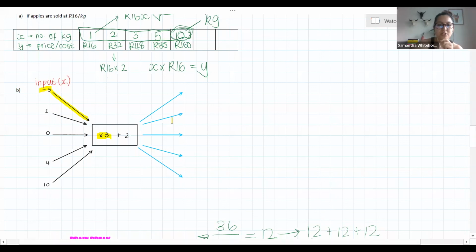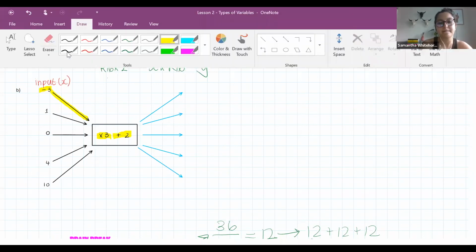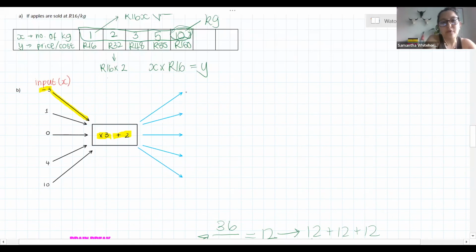Okay, while I've got you there, if I now go and say -9 plus 2, what do I get? -7, ma'am. Excellent. So by performing all of my operations, I get my output, which is my y. And so we did -3 times 3, and then we added 2 to that answer.